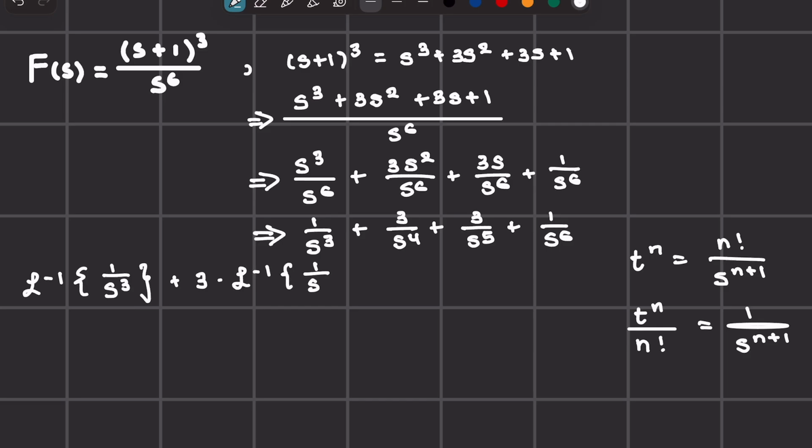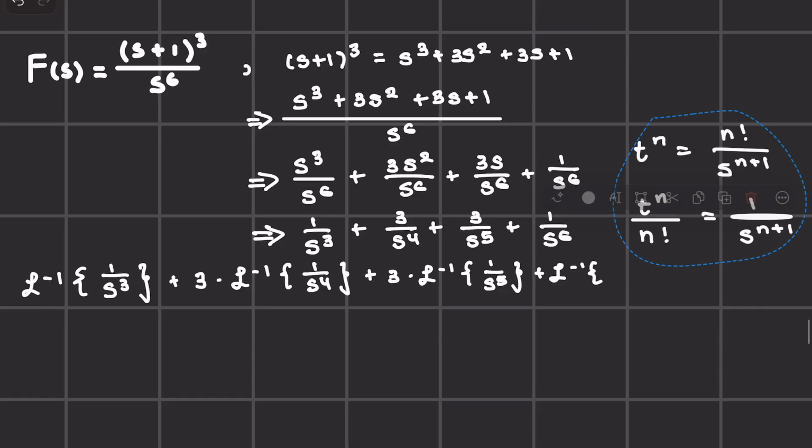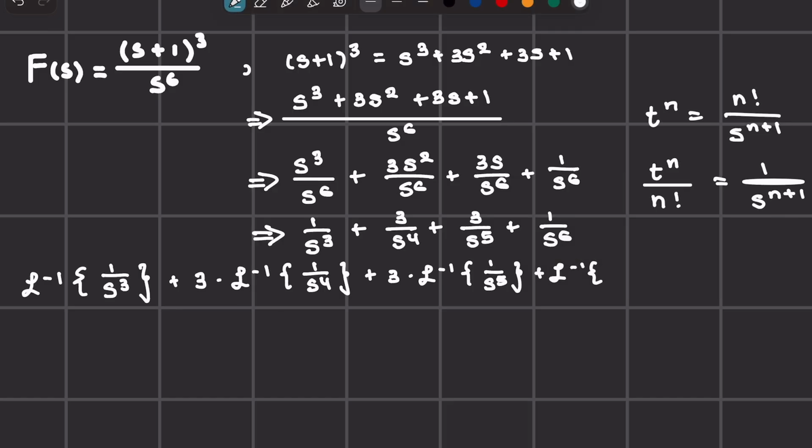So we have 3 times inverse Laplace of 1 over s to the 4th, plus 3 times inverse Laplace of 1 over s to the 5th, plus the inverse Laplace of 1 over s to the 6.